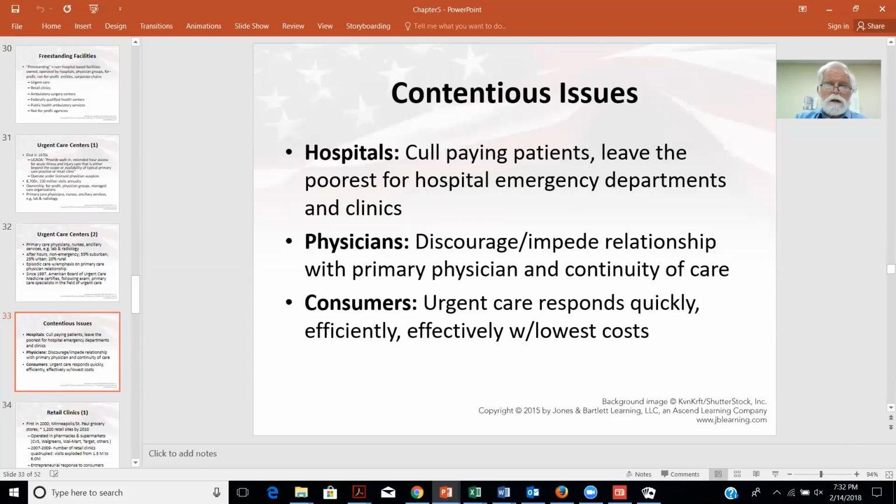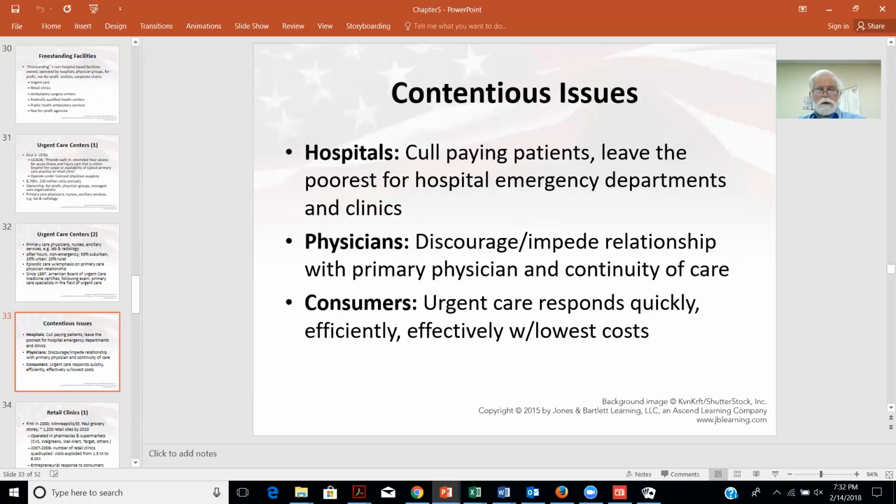The issue is that there are some contentious issues, and these involve making certain that the hospital emergency departments get to deal with the poorest, the people who can't pay, and hospitals will make sure that they get the ones who can.